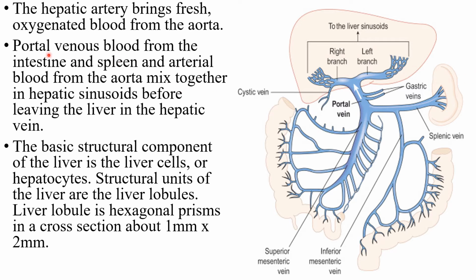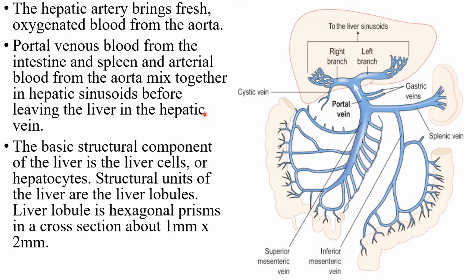The portal venous blood from the intestine and spleen and arterial blood from the aorta mix together in hepatic sinusoids before leaving the liver in the hepatic vein.